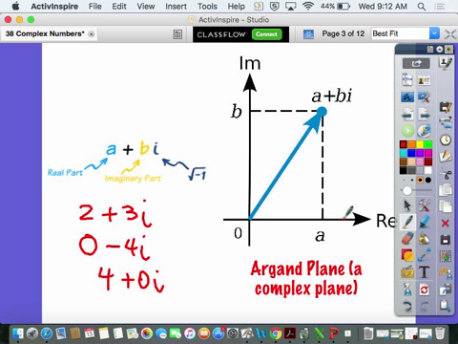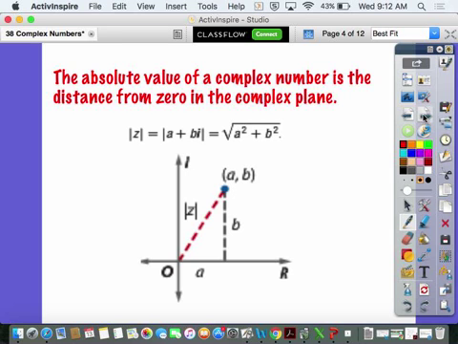If it's a negative imaginary number, you go down, okay? So this right here could be an example of 2 plus 3i, where we've gone over 2 units and we've gone up 3 units. Yes, i is located on your vertical axis because that is the imaginary part. Okay? Pretty simple. You just got to remember: the horizontal axis is real, vertical axis is imaginary.